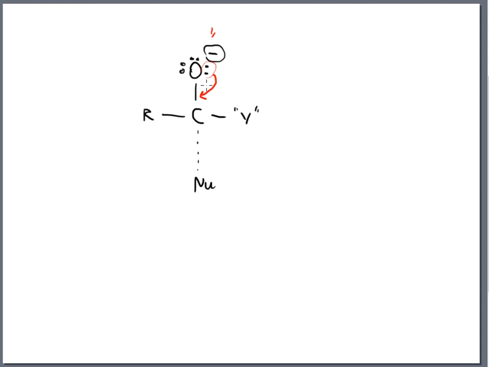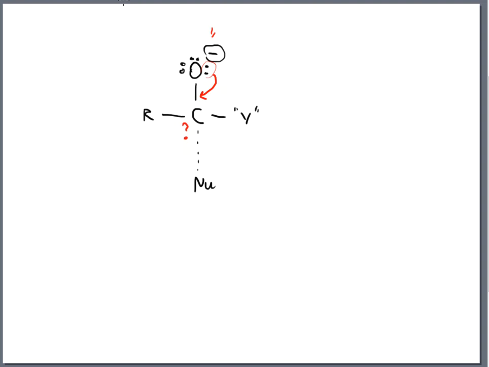So now carbon's in a dilemma. This carbon has to make up his mind or her mind on what he or she wants to do. Meaning, the carbon has to look at the 3 other bonds that are present: the R group, the nucleophile, and the Y group.